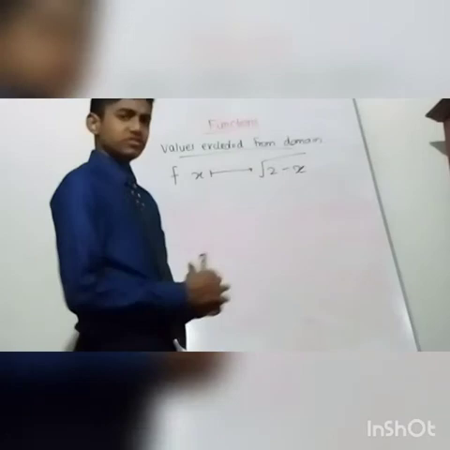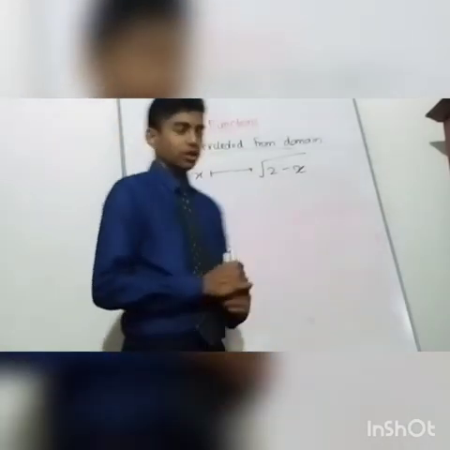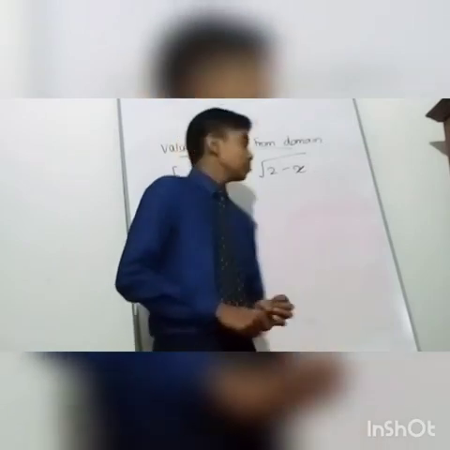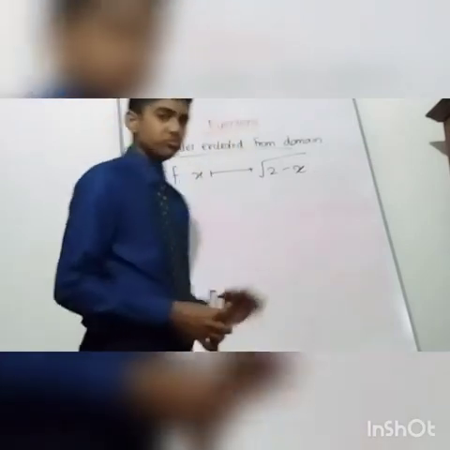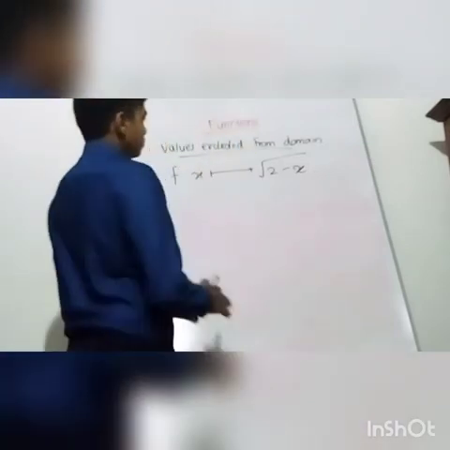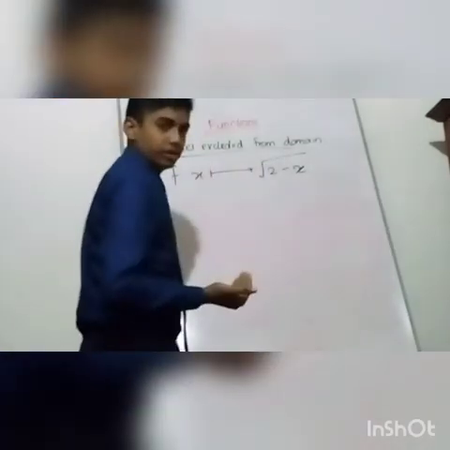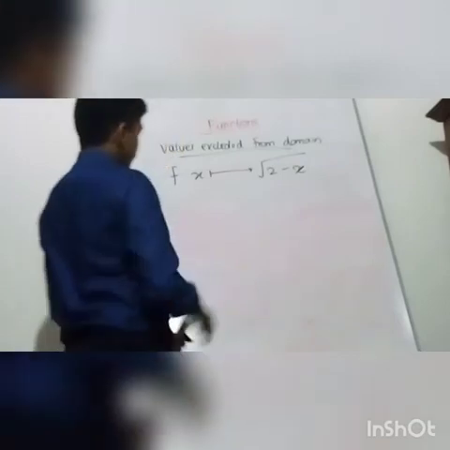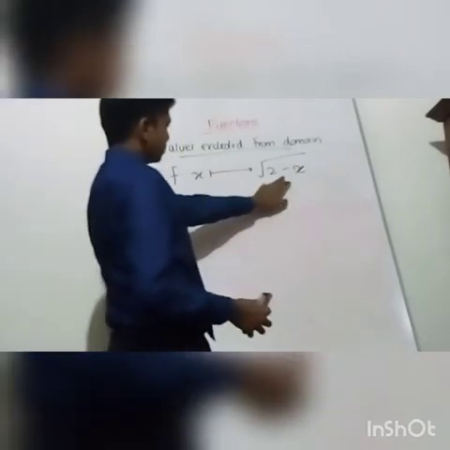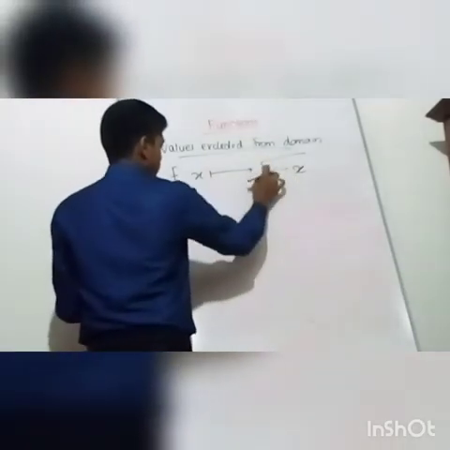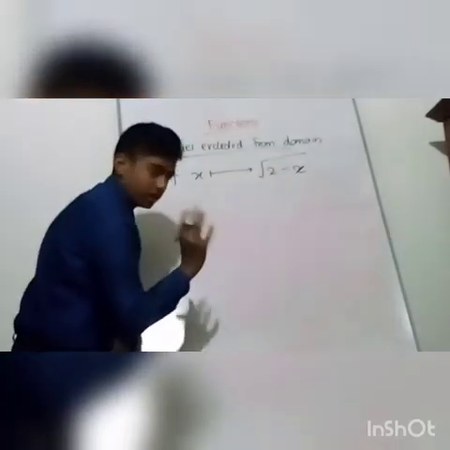Have you ever seen a square root having a negative number? No, right? So, we have not seen that. So for this we must find what must be excluded from the domain. If we take this down here, we take it without the square root, 2 minus x only.